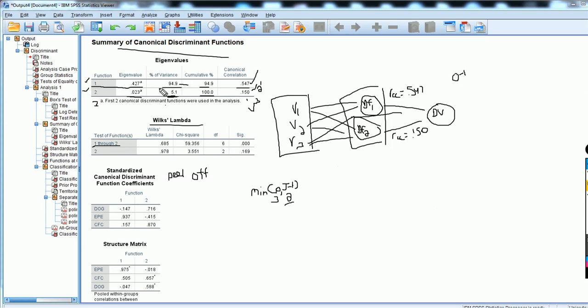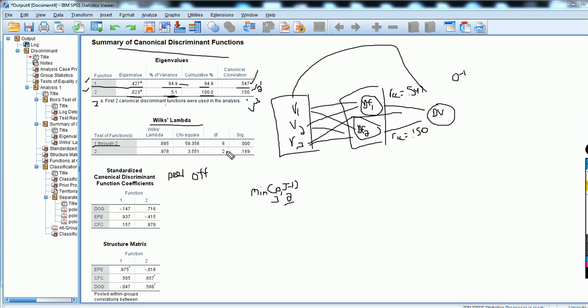So, in a nutshell, what that means is that we're testing, like I said, the simultaneous effect of these functions on our DV. And so we're basically addressing the question of the overall relationship between our predictors and the DV.